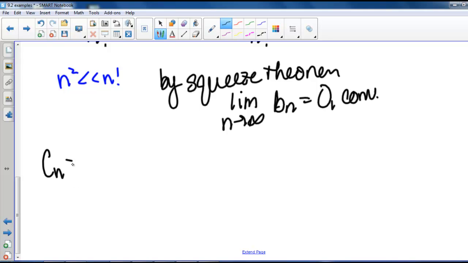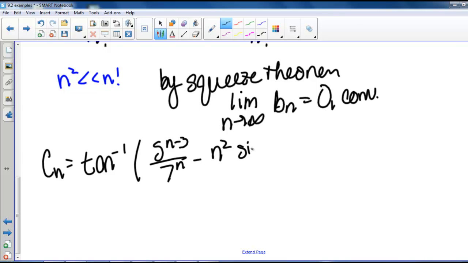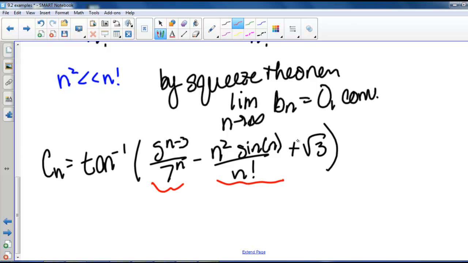c sub n equals the inverse tangent of (5 to the n minus 3 over 7 to the n minus n squared sine of n over n factorial plus square root of 3). So we just did these two, and we're going to use that.